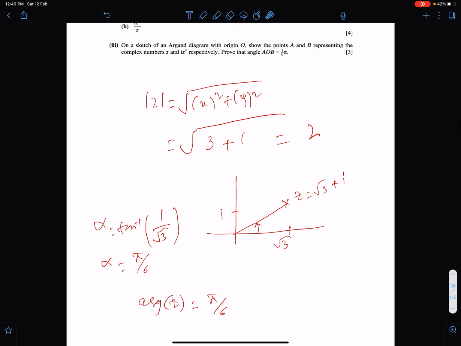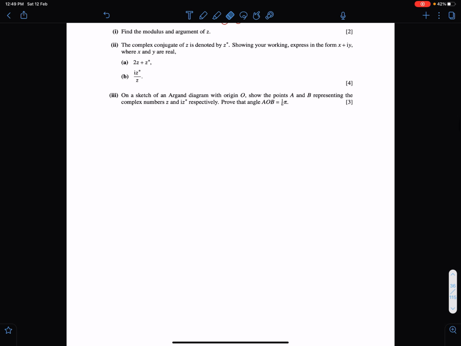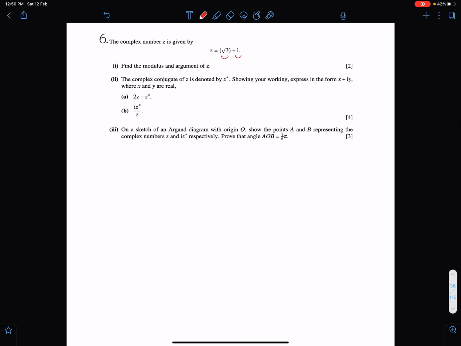The second part of this question, we need to find this complex number 2z plus z star. You all know z star is the conjugate of z.